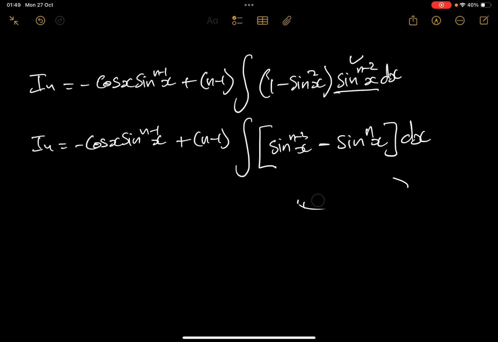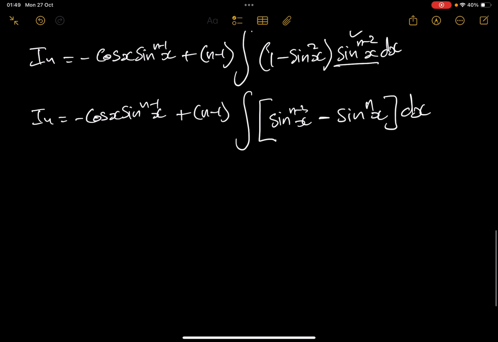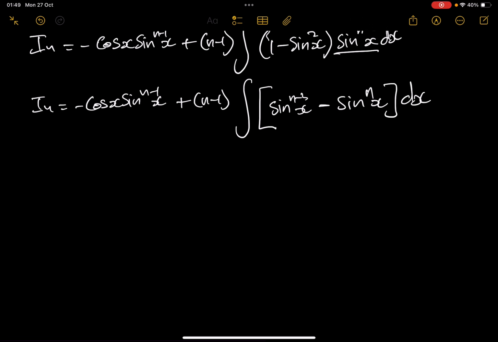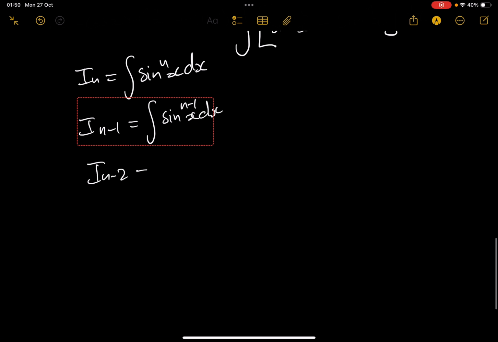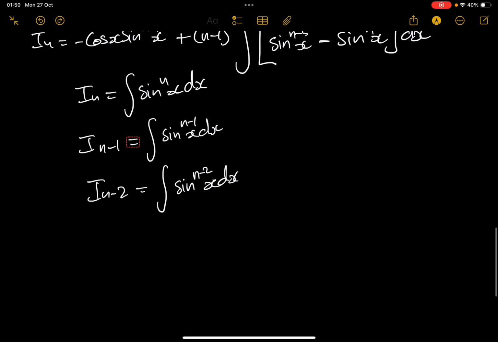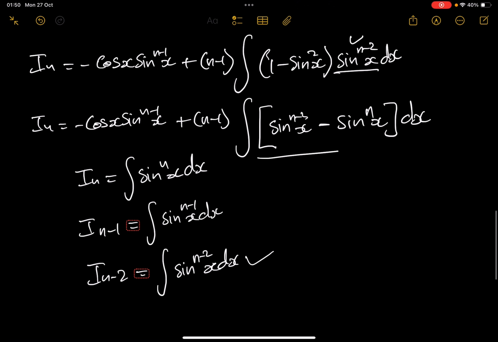So from this point, what do we do then? Remember, we said In is equal to the integral of sine nx dx, which means In minus 1 will be the integral of sine n minus 1 dx, and also In minus 2 will be the integral of sine n minus 2x dx, etc. So we are going to use this method to further simplify this expression.